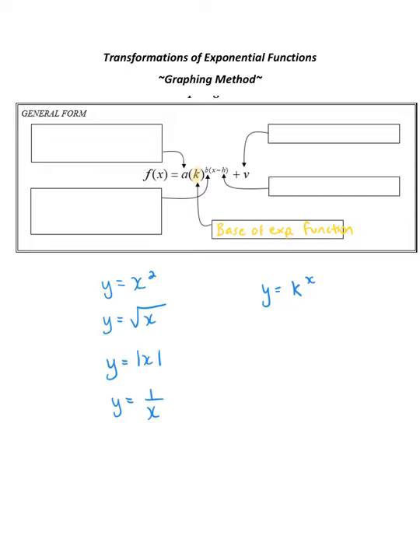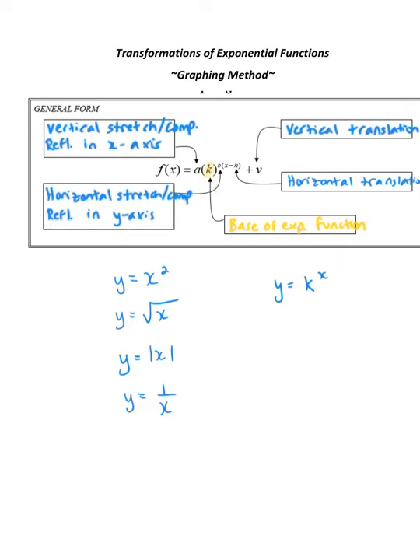Then you are going to look at the parameters a, b, h, and v and apply those to your original base exponential function. A quick reminder: a will help you identify the vertical stretch or compression, and also if there's a reflection in the x-axis. b will tell you if there's a horizontal stretch or compression, and also if there is a reflection in the y-axis. h will tell you if there's a horizontal translation, and v will tell you if there is a vertical translation.